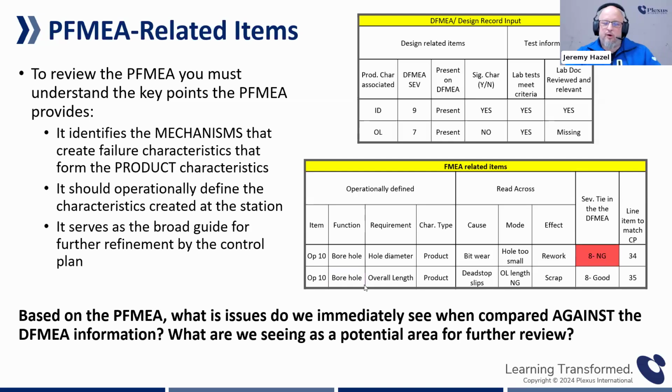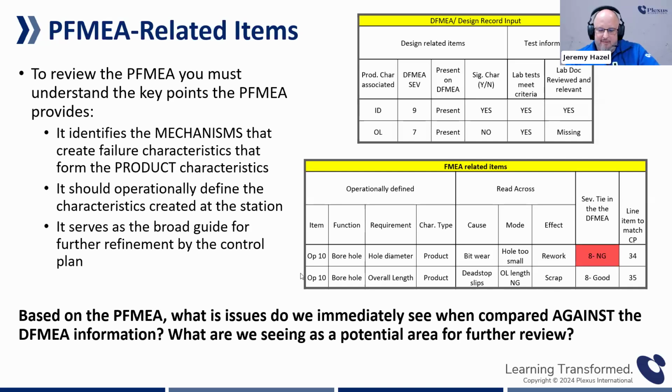So when we look at the PFMEA, we're bringing in elements of the DFMEA, we're bringing in elements through the flow chart, and we're doing it in a linear fashion. So this is a whole different way to look at it. And it's a very easy way. And we're dealing with the interconnectedness.